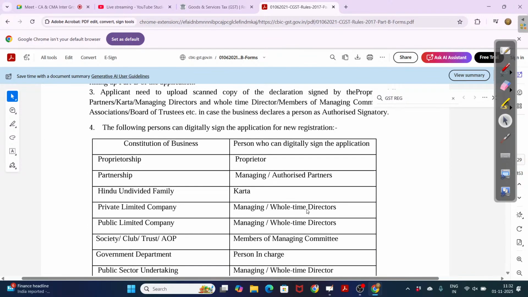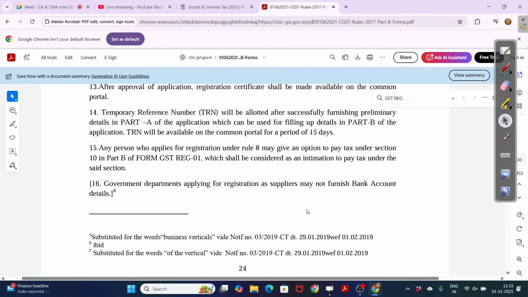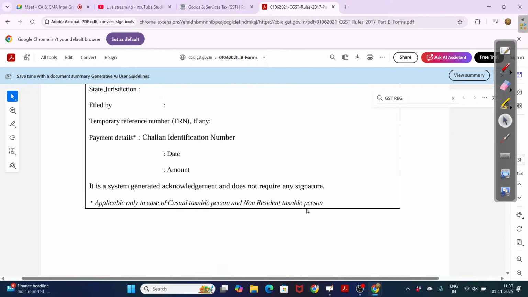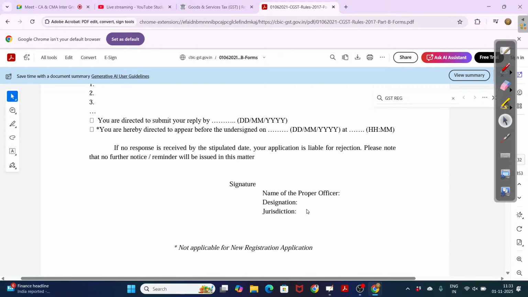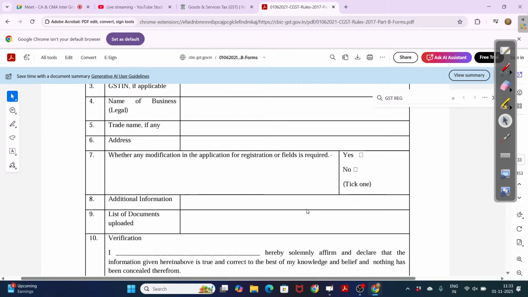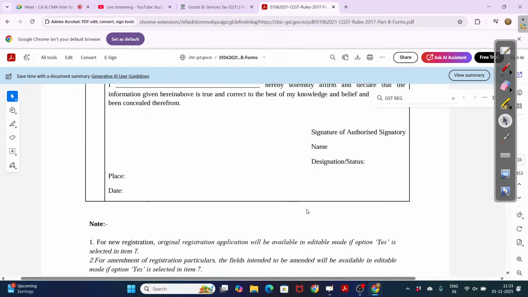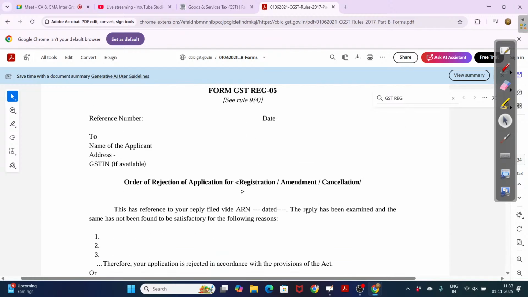Of course, it is not required to memorize all these things, it's only for understanding purposes. Acknowledgement, clarification, and additional clarification. Rejection of your application, REG-5.